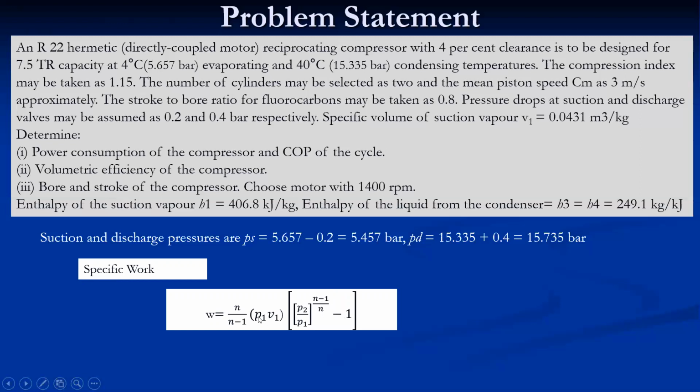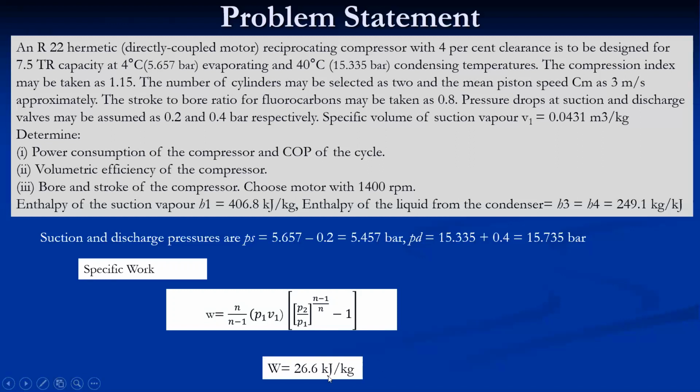Pressure at suction is given, that is 5.457. Specific volume at inlet is given, that is 0.0431, and pressures P2, or we can say PD and PS. So all values are given, so we can calculate the specific work.